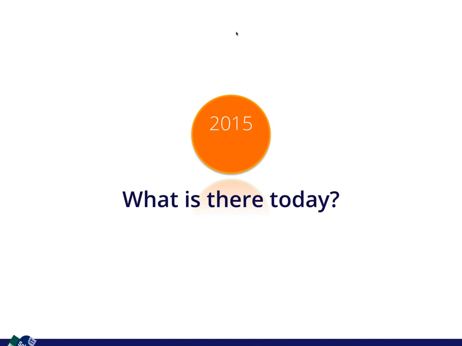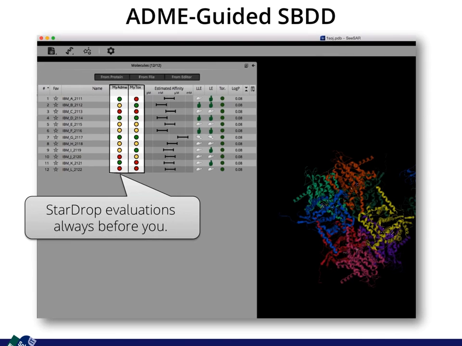Okay, so coming back to the question, what is available today from this collaboration that we embarked on not even 2 months ago? Well, we do have a first release of CSAR out there where we have the most simple visualization that we thought of, namely the selected properties that the StarDrop engine computes for you, and we just feed them into the CSAR table here.